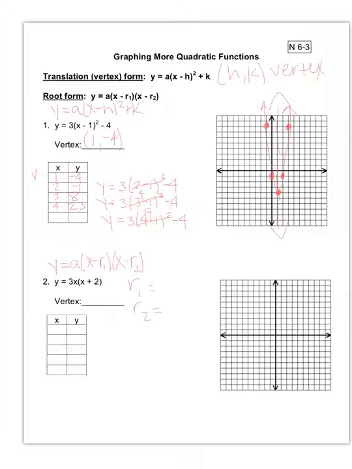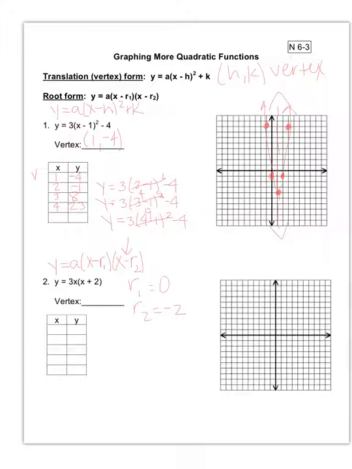So root 1, notice that there's no parentheses, so root 1 would be 0, because x minus 0 is the same thing as x there. And then looking at r2, that would be a negative 2. Remember, it's the opposite there, because on the form it's subtracting. So that would be x equals a negative 2 for that one.